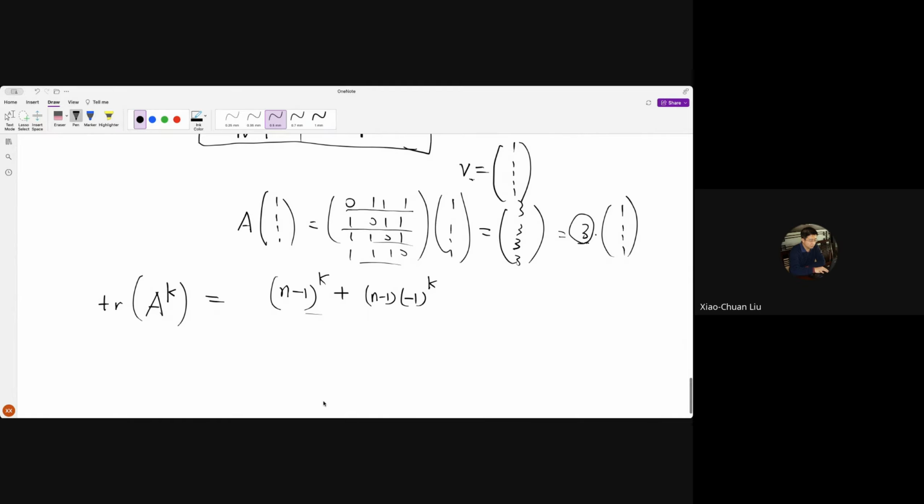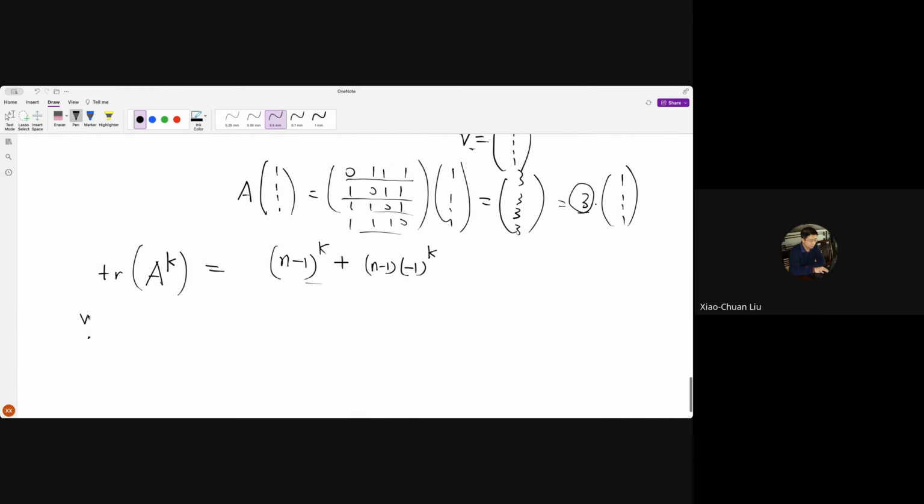And if you think about it, for a complete graph, you have v1, v2, up to vn, so every vertex is basically the same, right? If I ask you the total number of closed walks from v1 to v1, it's easy to imagine that it is the same as the total number of walks from v2 to v2, because any two vertices in a complete graph are similar.